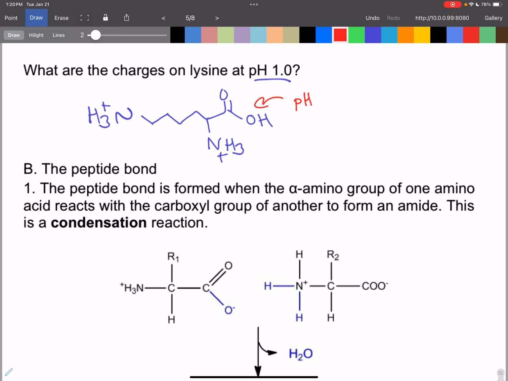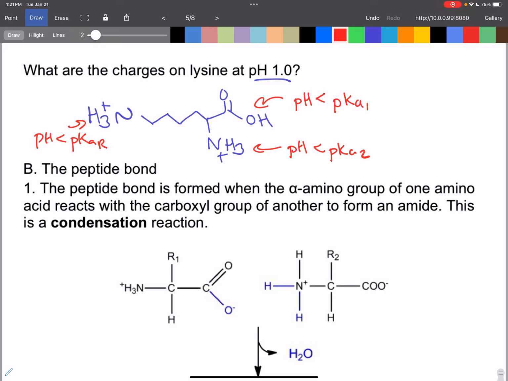Same idea here. The pH of the solution is now less than what we remember from our notes earlier is called pKa1, the main chain carboxyl group. And the pH is still less than pKa2, certainly, being up around 8 to 10. The last thing to consider is the side chain: the pH in this case is definitely lower than the side chain pKa, pKaR.